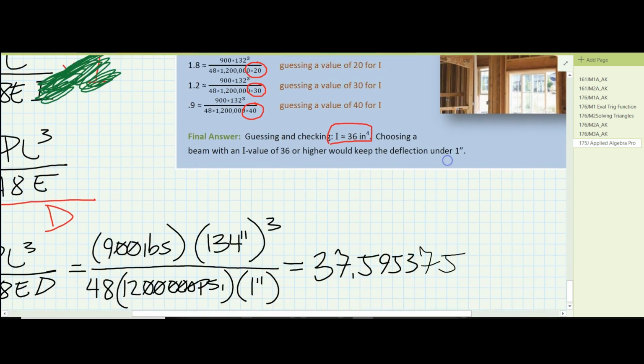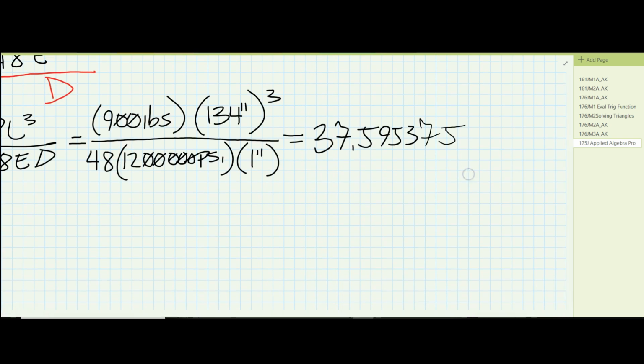It doesn't say round, so you just leave it like this, or we see that this is closer to 37.6, and the units are inches to the fourth. So here's our answer.